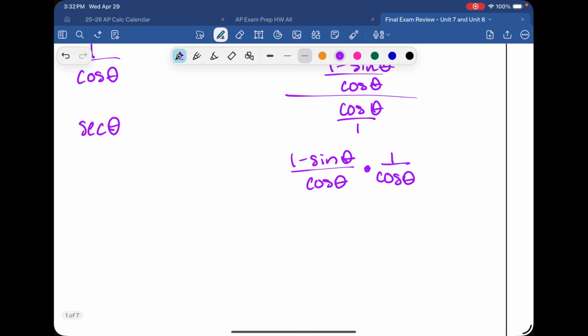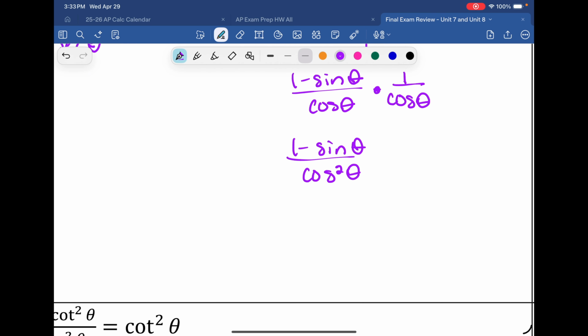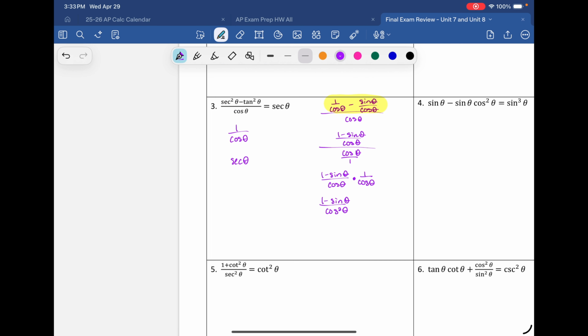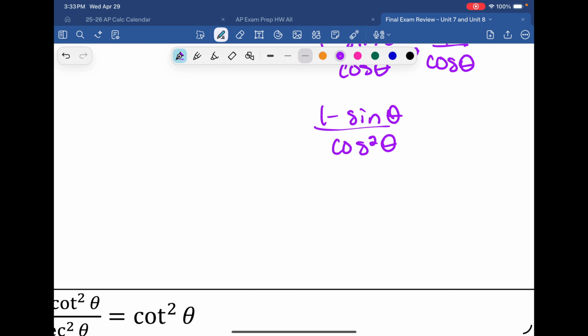Multiply, we have 1 minus sine over cosine squared. Well, cosine squared is, what am I missing?